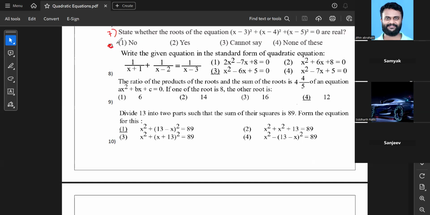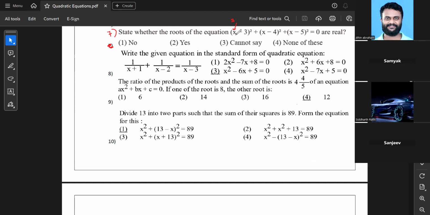Simply use your logic. Now, what are the real numbers? Real numbers can be any number which is a positive number or a negative number. Just for example, let me consider this x's value as, let's say, 3.